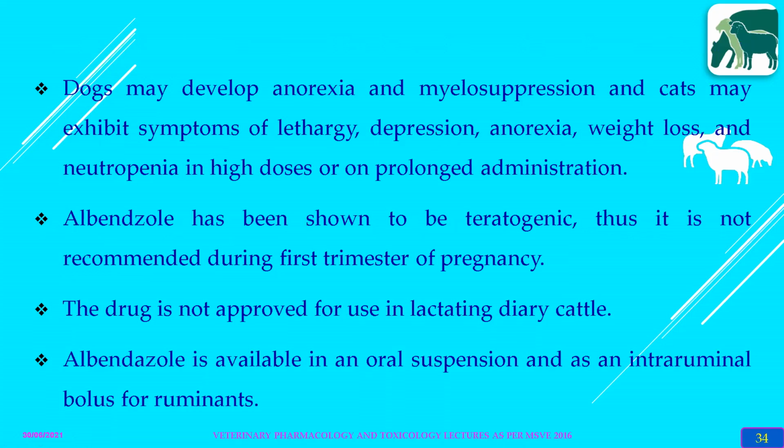Dogs may develop anorexia and myelosuppression, and cats may exhibit symptoms of lethargy, depression, anorexia, and sometimes drastic weight loss, and there is a decrease in neutrophils, that's neutropenia, at high doses or with prolonged administration. Albendazole has been shown to be teratogenic, so it is not recommended during the first trimester of pregnancy.